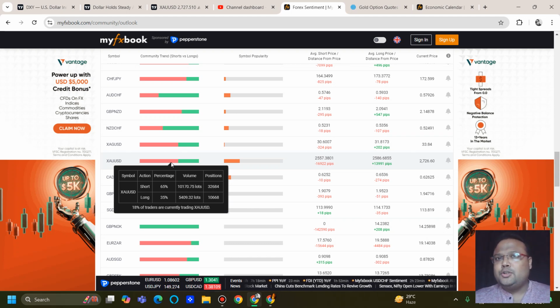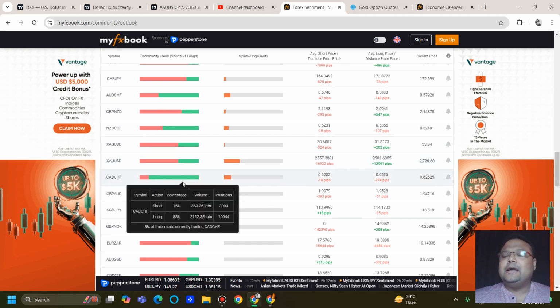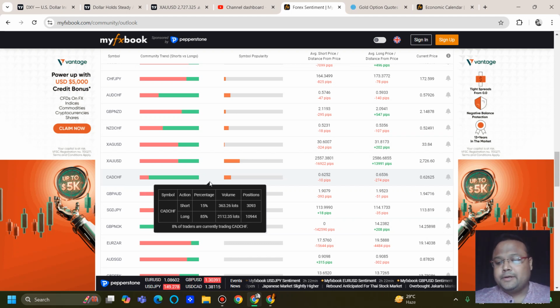And as we all know, the market usually moves against the Forex sentiment meter. So if we go by the Forex sentiment meter, there is still room for further upside, because this indicates the position of the retail traders, and sadly, retail traders lose money most of the time.